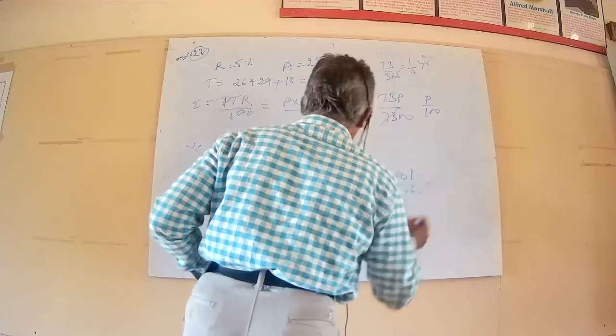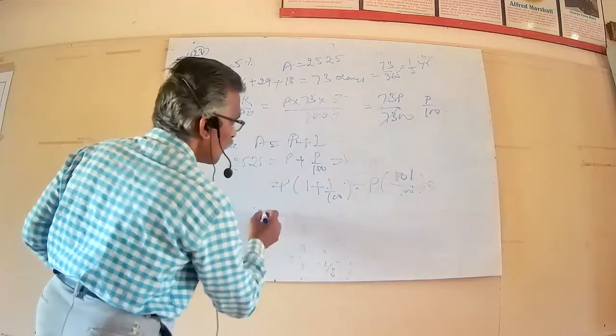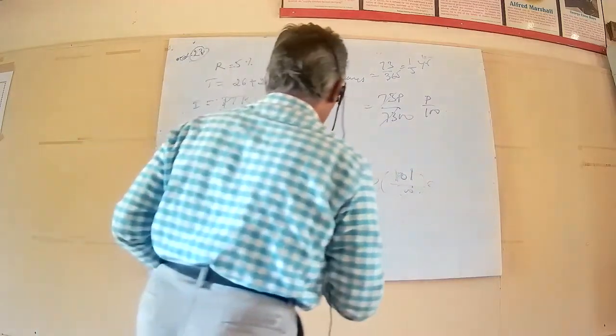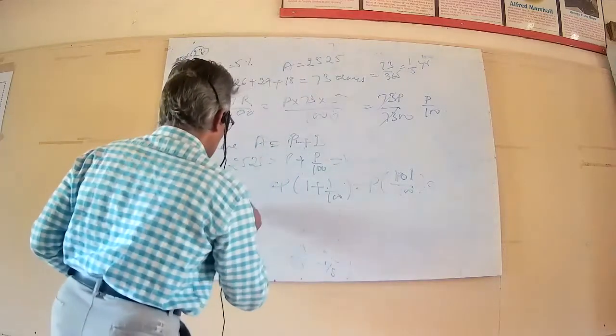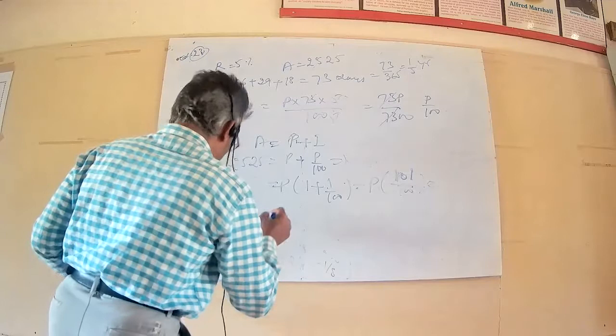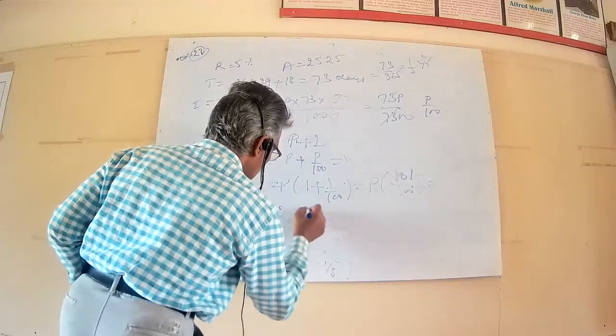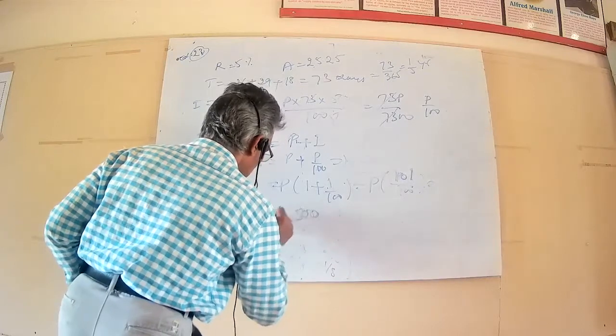If you simplify this, you get P equal to 22,500. Solve it at home.